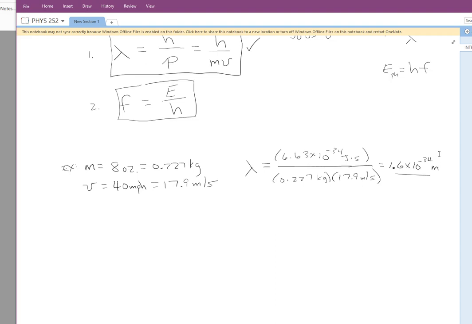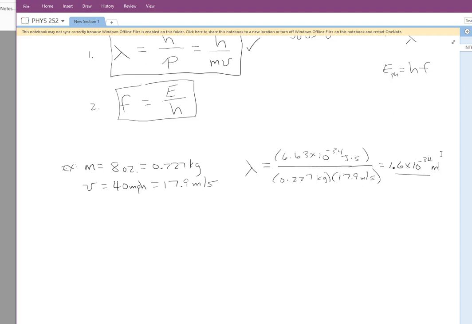So this might be why we've never even been aware of the wave-like nature of matter, because ordinary objects' matter wavelengths are just too small to observe. There's no interaction where the wave-like nature is apparent. So we always treat it as a particle.